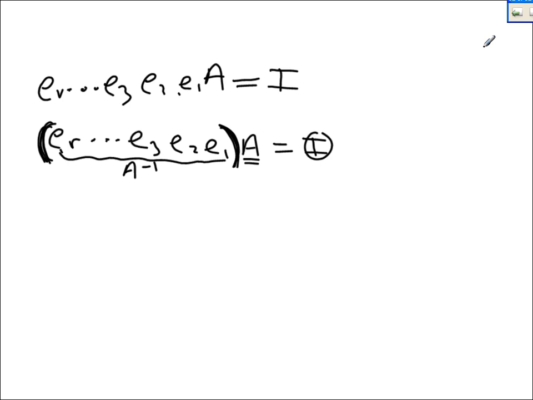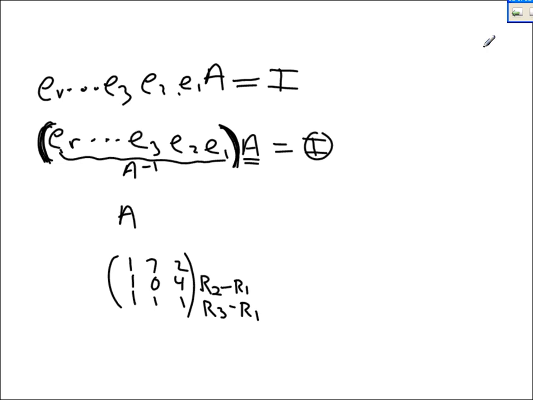The answer is yes. Remember, now we're not going to use matrices anymore. If you have matrix A, you perform some elementary row operations. Let's write it down: 1, 7, 2, 1, 0, 4, 1, 1, 1. For example, you might say row 2 minus row 1 and row 3 minus row 1, and you would perform that.